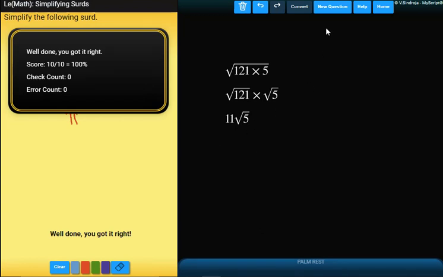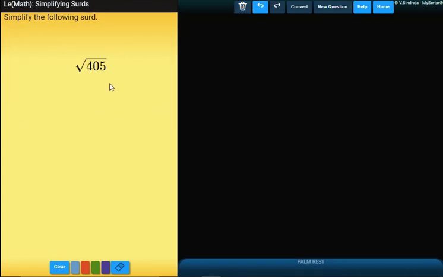Now hopefully you'll get quite good at this, and you won't necessarily need to do the individual steps all the time. So you might be able to just go root. So this one's going to be 5 times, what's it going to be? 81.